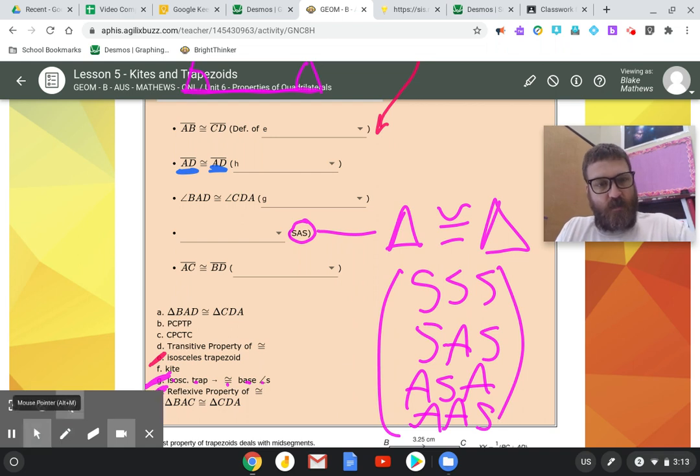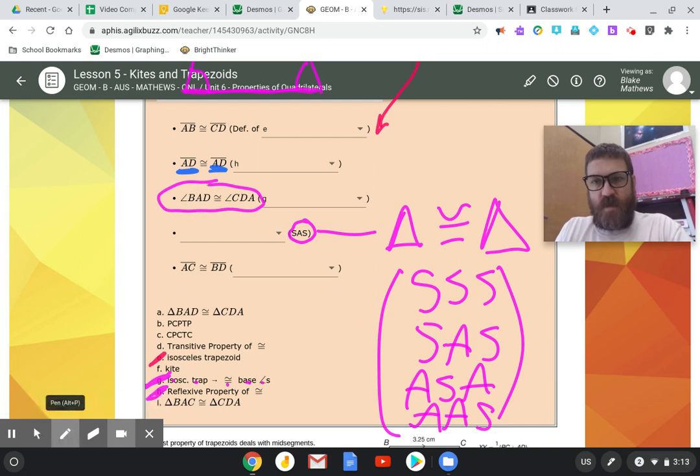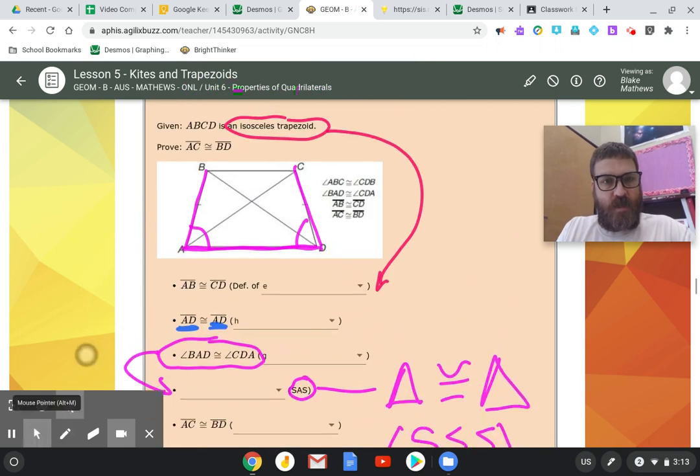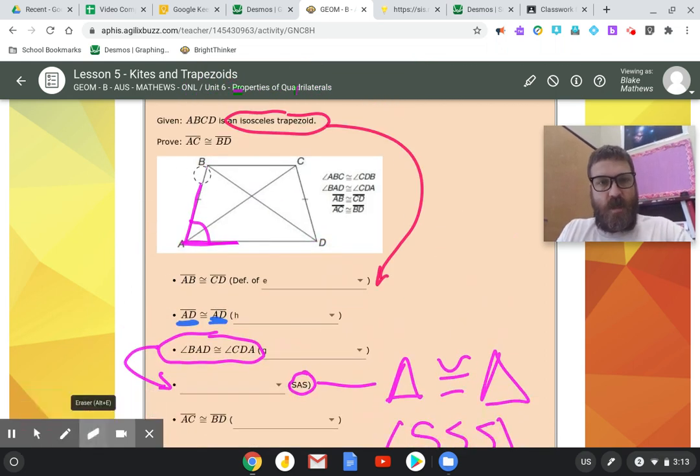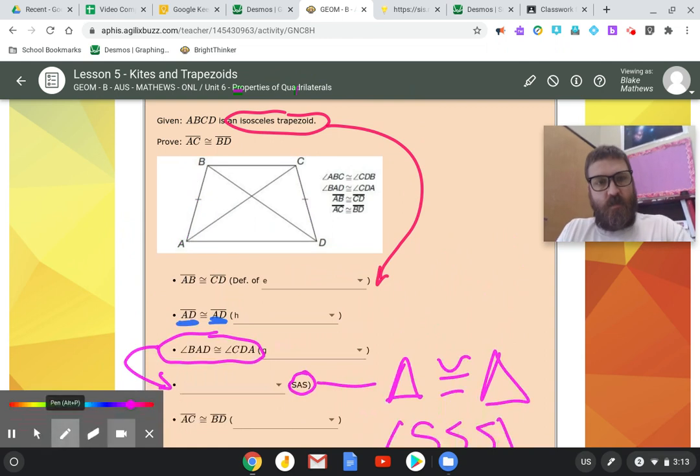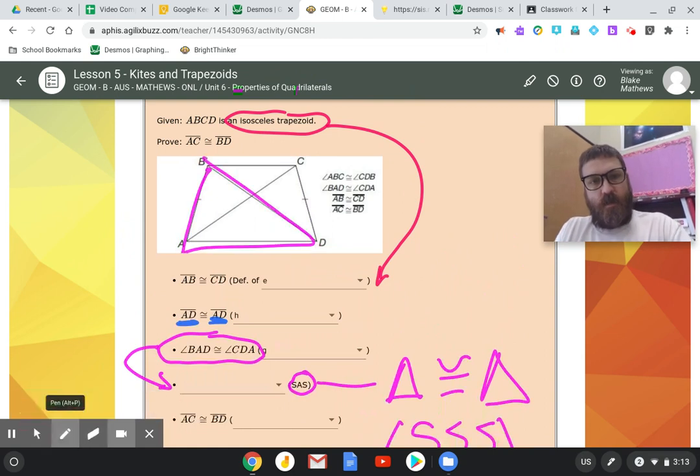The fact that that angle was the last statement should tell me something really clear about the triangle I'm trying to prove. BAD is congruent to CDA.